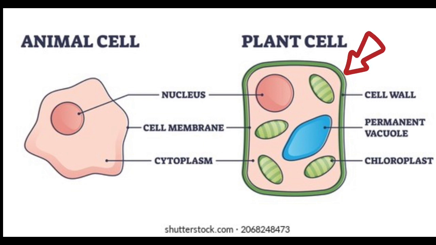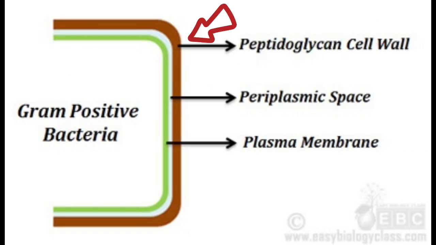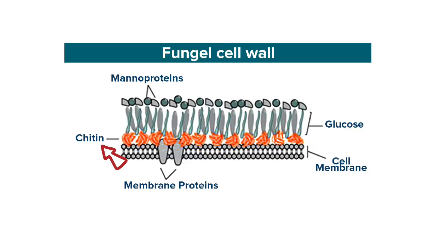For example, plants have a cellulose cell wall that surrounds their cell membrane, making the cells of plants rigid. Organisms such as bacteria also have an extra covering. For bacteria, this extra covering is called peptidoglycan. Fungi also have an outer covering, which is called chitin.